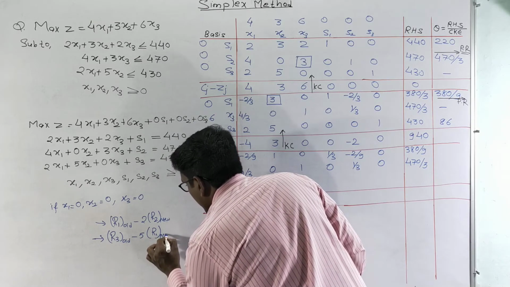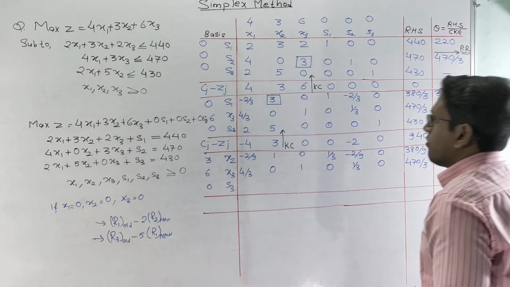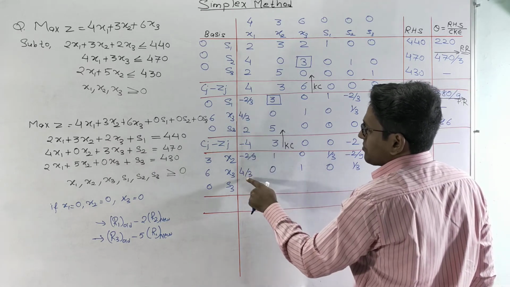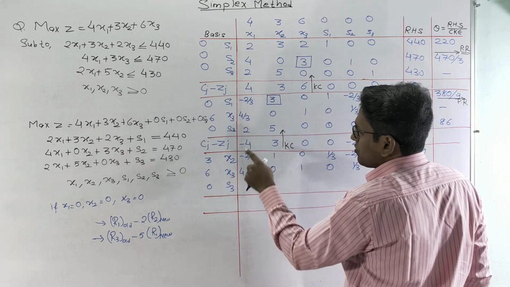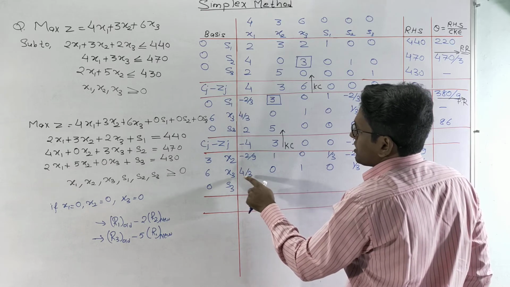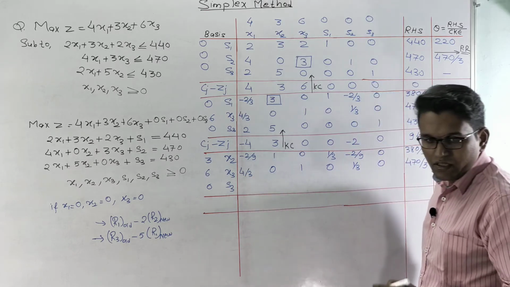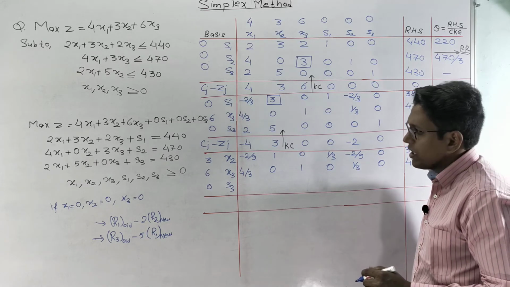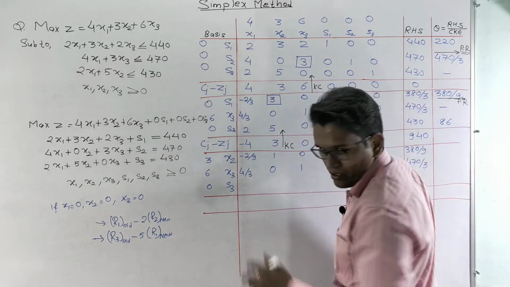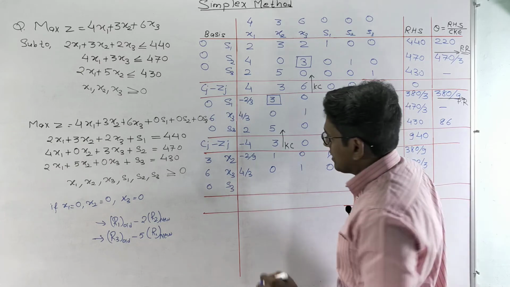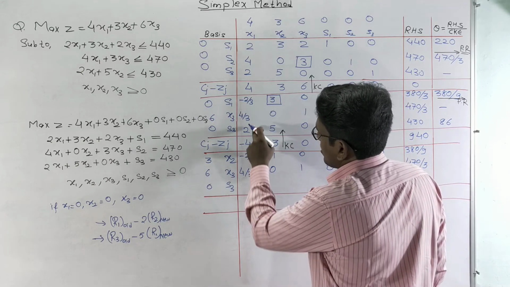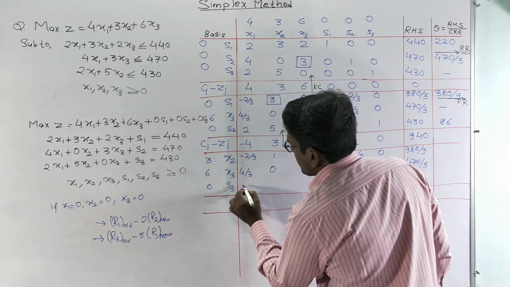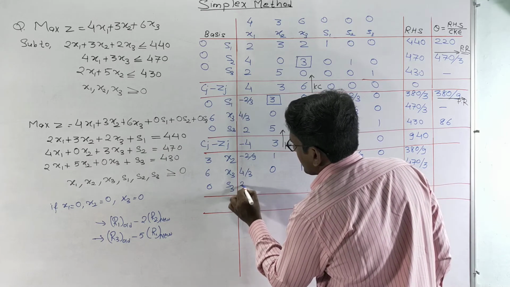This will be 2 minus 5 times this, that means 2 minus 20 by 3. Minus of minus will be plus, so this will come as 28 by 9.